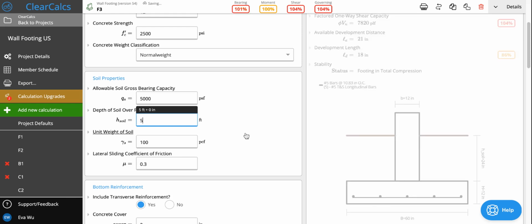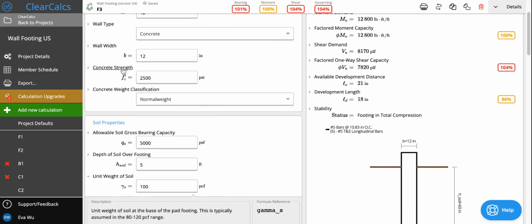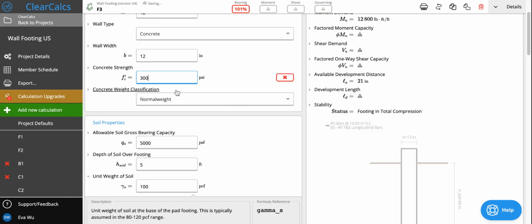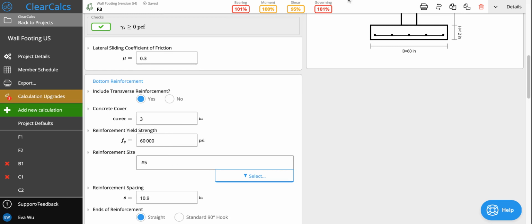So instead of 2 feet, the question asks for 5 feet. So this footing is 5 feet below ground, and the concrete strength is to be set at 3,000 psi, while the reinforcement yield strength is 60 ksi. So that's already noted here.